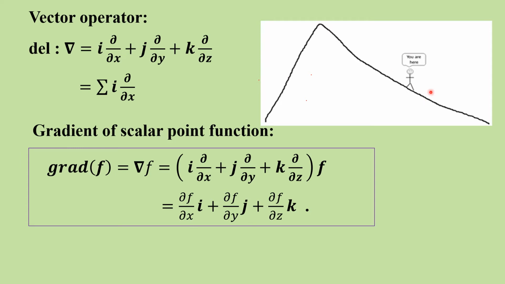This red line we are observing here, this vector line, represents the gradient at your point of location in two dimensions. So in 3D the gradient is a vector normal to the surface, and in two dimensions the gradient will be tangential.